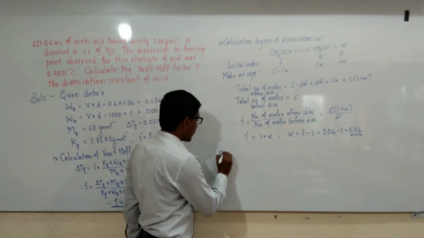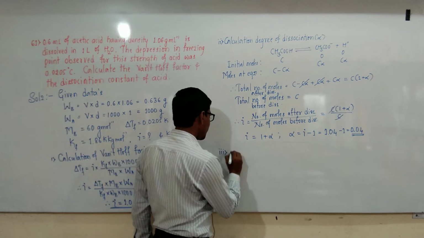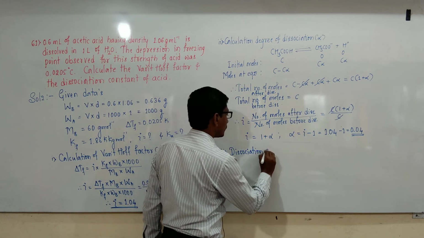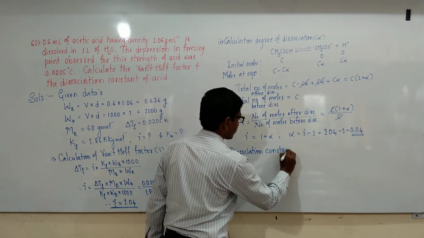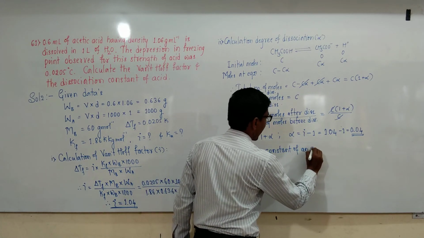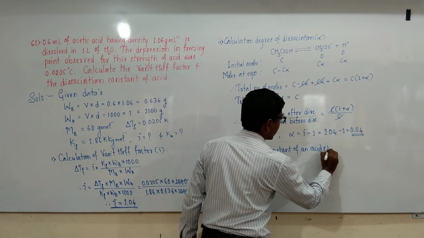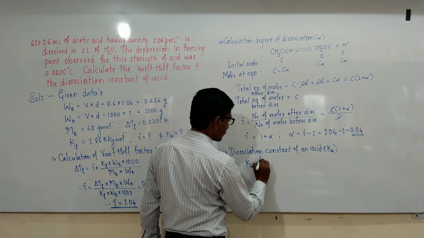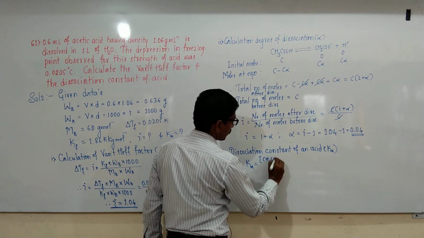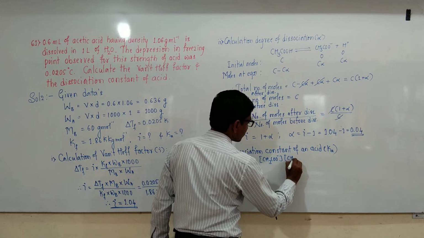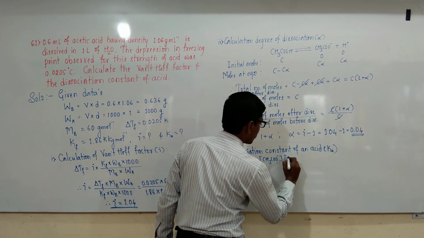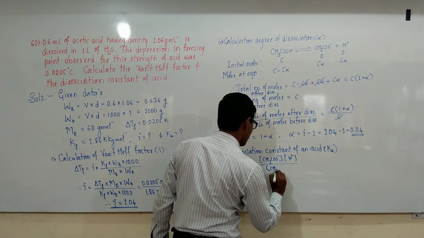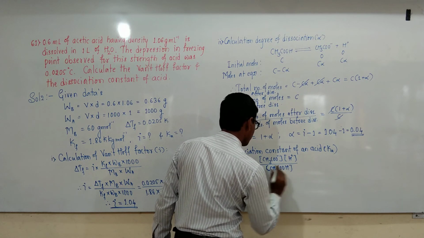Then third point is dissociation constant of an acid, that is Ka. Therefore, Ka is equal to CH3COO minus, H plus divided by molar concentration of acetic acid.